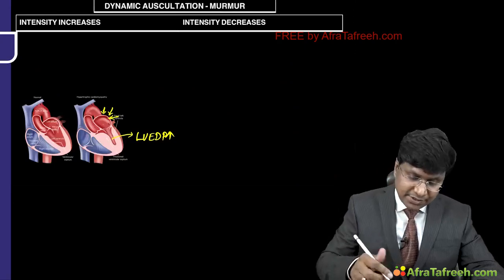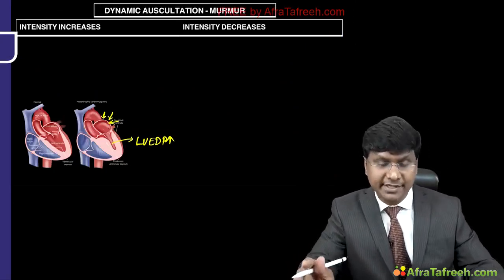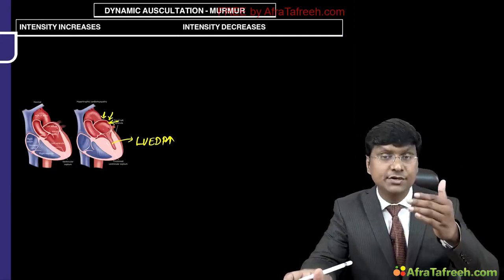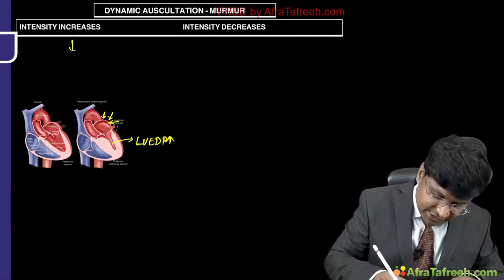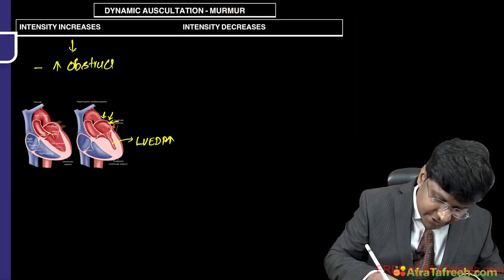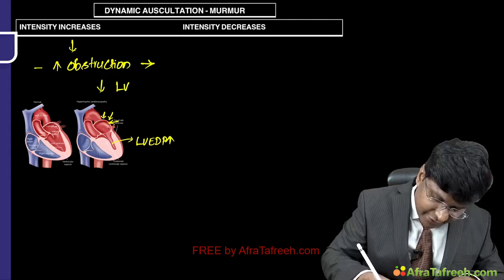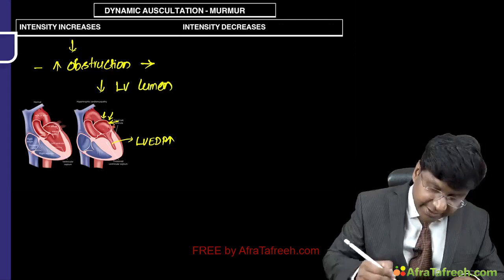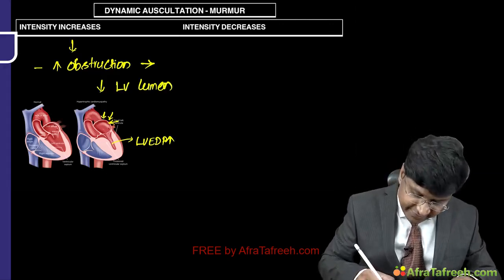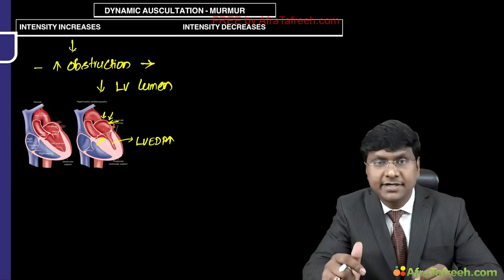But you need to know the dynamic auscultation of the murmur. What you have to remember is that the intensity of the murmur increases whenever there is an increase in the obstruction. And when will the obstruction increase? Whenever there is a decrease in the LV lumen size. Whenever the LV lumen size decreases, the hypertrophied septum comes very near the anterior mitral leaflet.